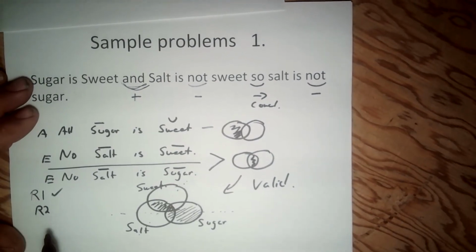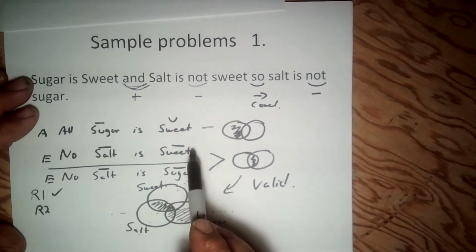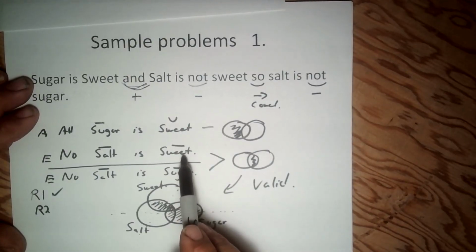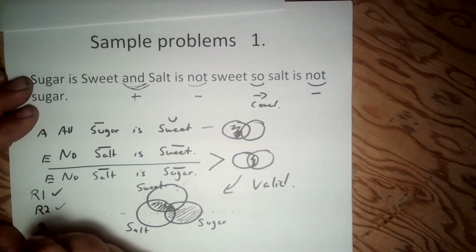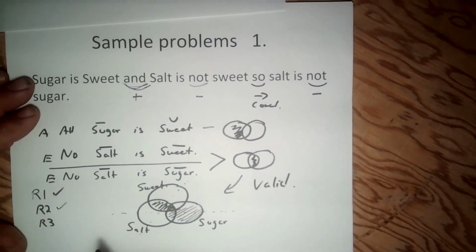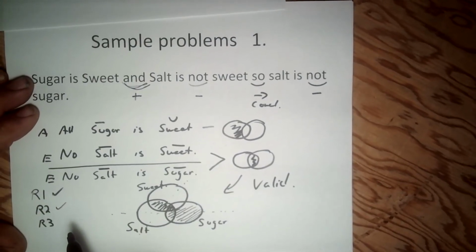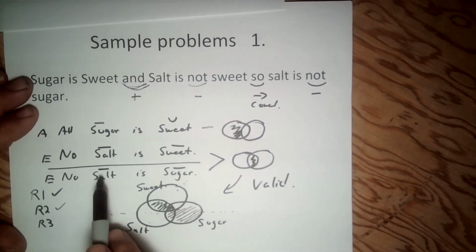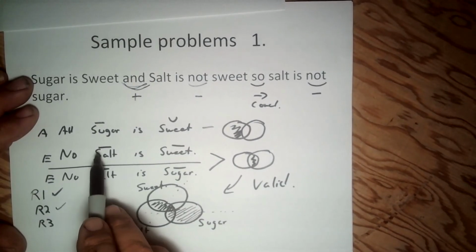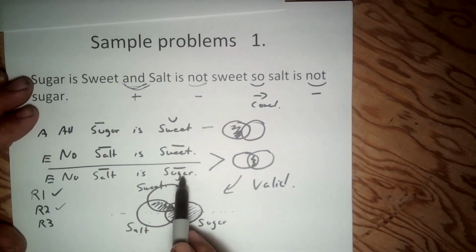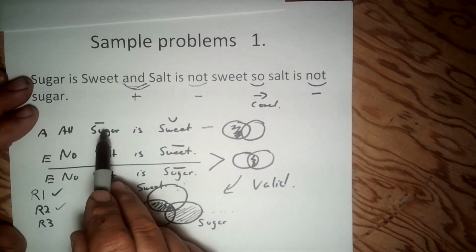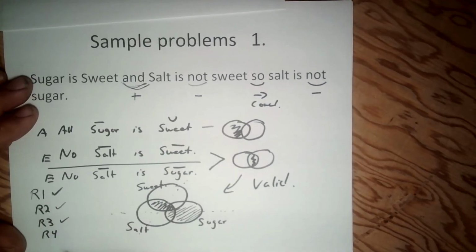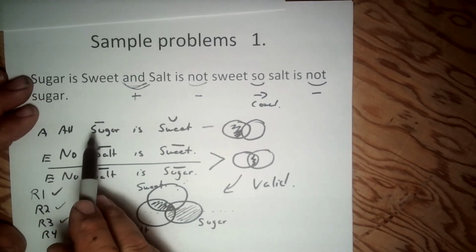And so now, is the middle term distributed at least once? The middle term is sweet. There it is there in the second premise, already distributed. Excellent. Rule 3. Terms distributed in the conclusion must be distributed in the premise in which they occur. Salt is distributed in the conclusion and it is in the premise. Check. Sugar is distributed in the conclusion and it is in the premise. Check. Rule 4 is you can't have two negative premises.